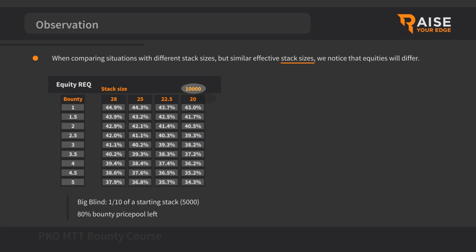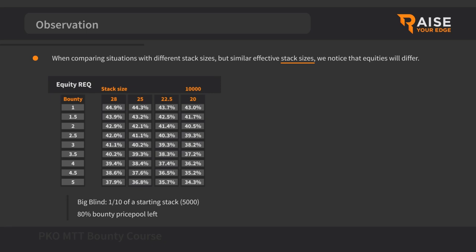Now you can calculate all the equities for the case that you want to call off an all-in in the big blind. So if a 28 big blind stack jams, and he has 3 starting bounties, then you need 41.1% in the big blind to call off the all-in versus the opponent's open jamming range.